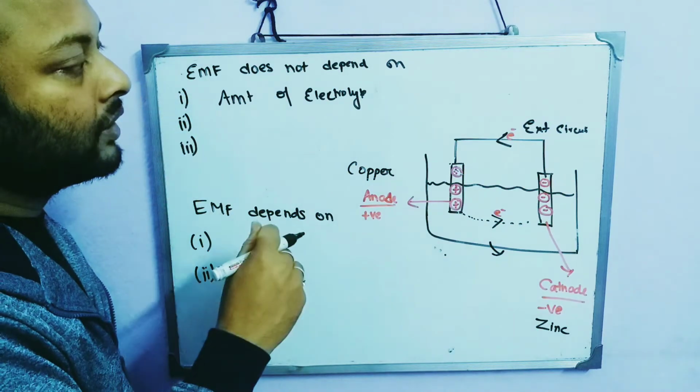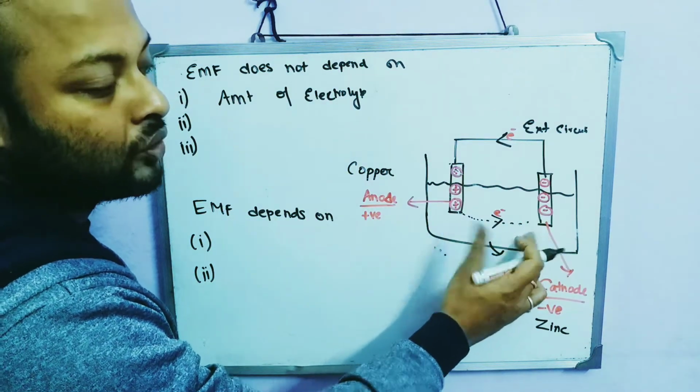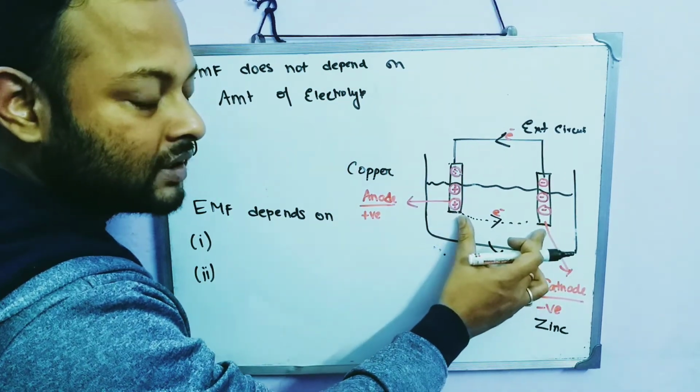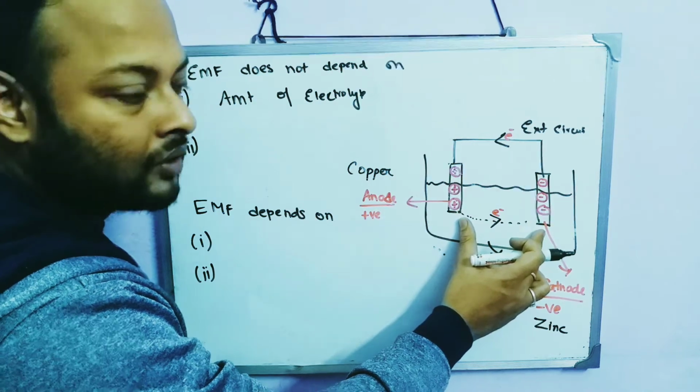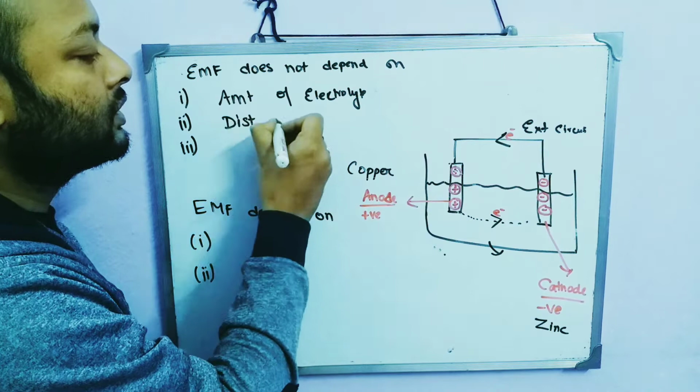It does not depend upon the distance between the electrodes. You can see this is the positive terminal, this is the negative terminal. Whether the distance is 1 meter or half meter or 1/4 meter, that does not matter.